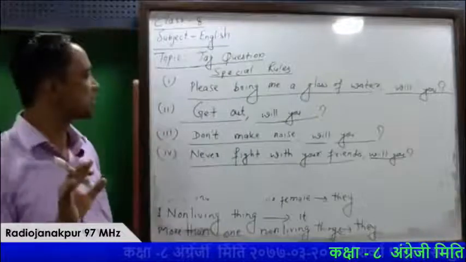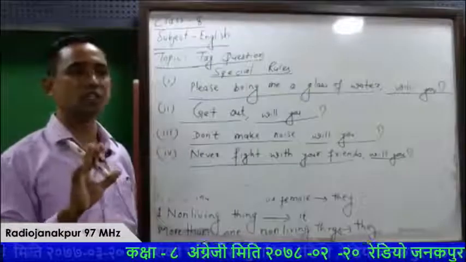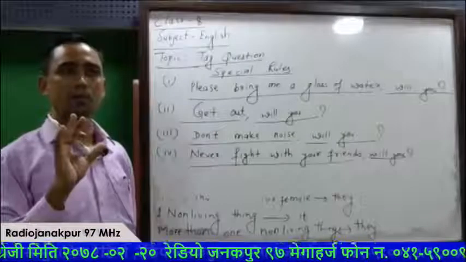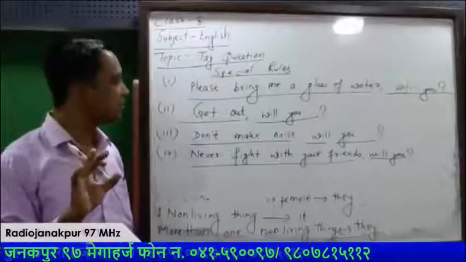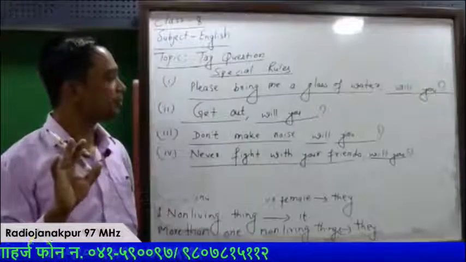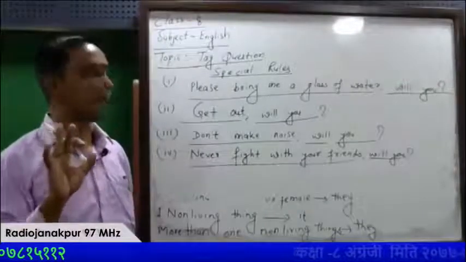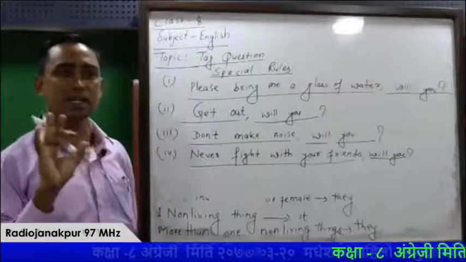Second thing, question tag is a tail question added at the end of the sentences. First of all, a comma is added at the end of the sentence, then there must be a question mark at the end of the question tag, and in the question tag all letters should be small letters.